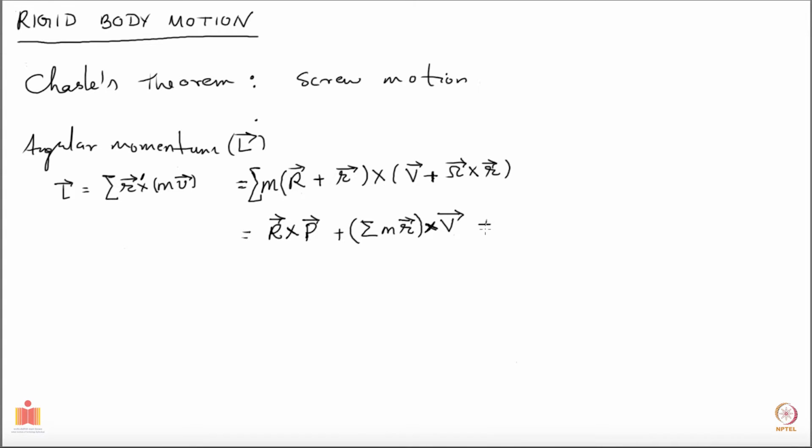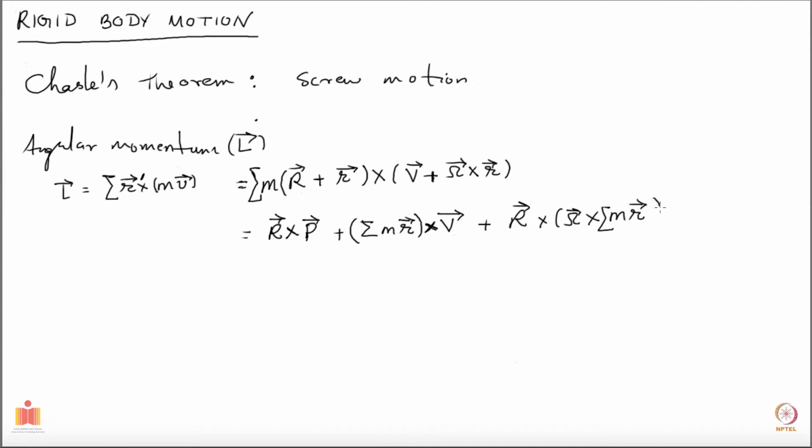And then you have two more terms. Then you have R cross omega cross r. I will bring the m together with that, because only these are the two pieces which depend on where those particles are located.